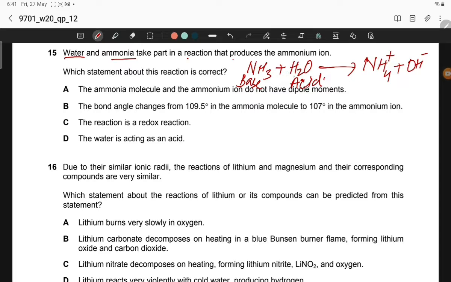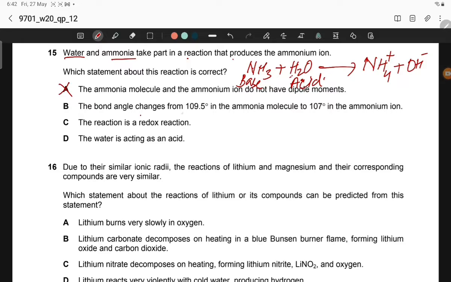So this is the proton donor and this is the proton acceptor. The ammonia molecule and ammonium ion do not have a dipole moment. The ammonia molecule has a dipole, the ammonium ion does not. So this is not correct.